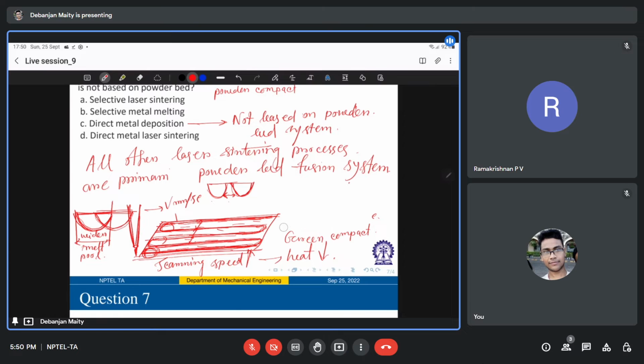But this is not the case for direct energy deposition. Direct energy deposition has some kind of synchronization between the laser scanning and the spreading of powders. There is no concept of a powder bed.